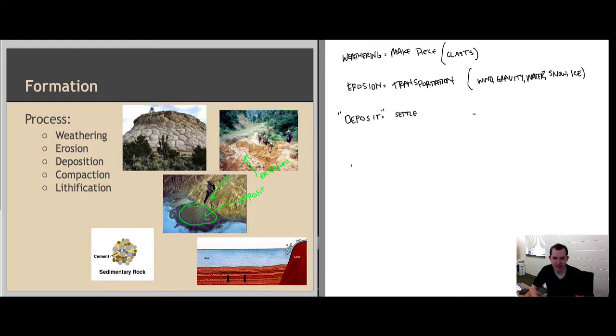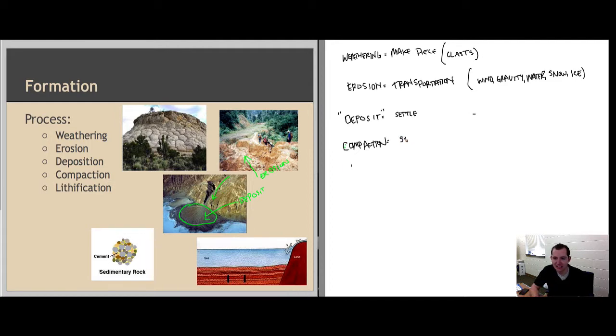Okay, so next we have compaction. Compaction is the process by which, once we've deposited a rock, we're then going to start pushing pieces of that rock together with other rocks. Typically how this happens on Earth is when we put other layers of sediments on top.